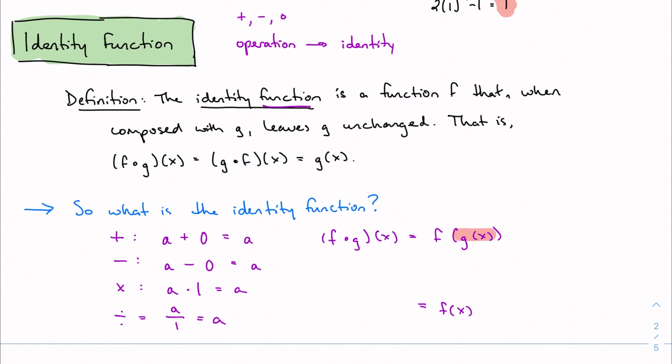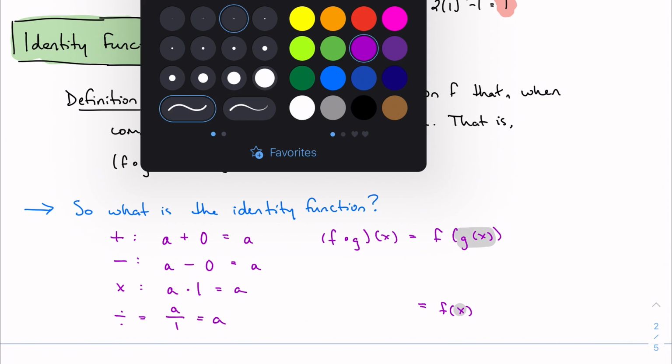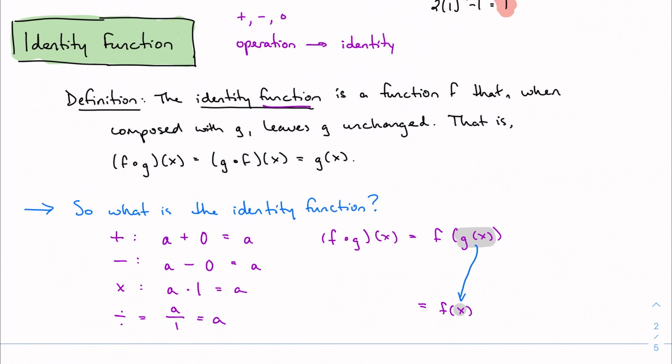Well, it stands to reason that if I start with g of x and need to find something to call g of x to get to x, the simplest way of doing that is just to say that g of x is x. And that is my identity function. My identity function is y equals x. So the identity for the operation of composition is the function y equals x.